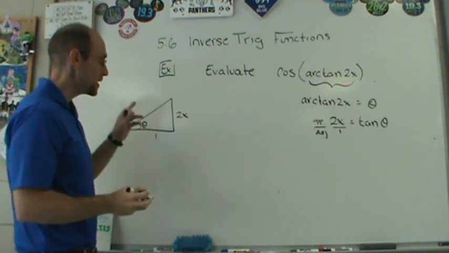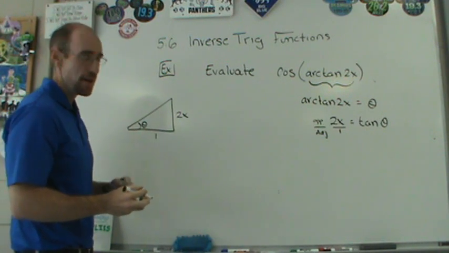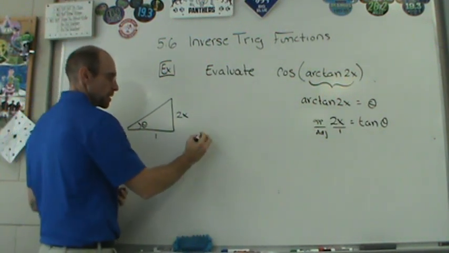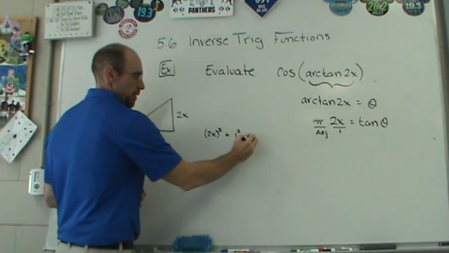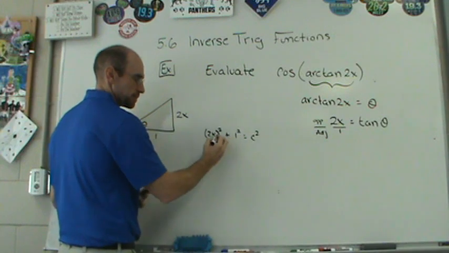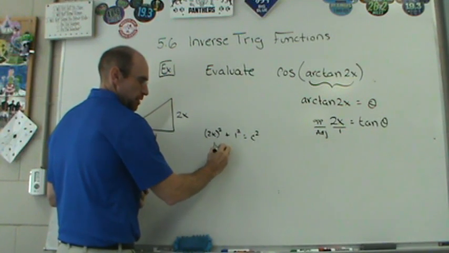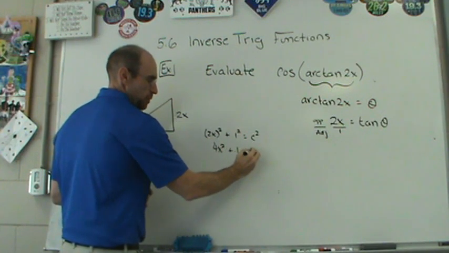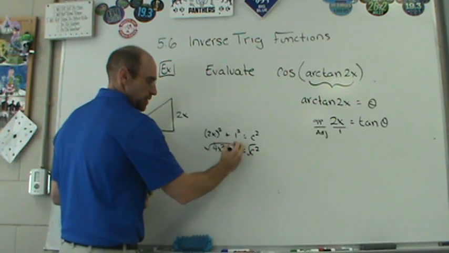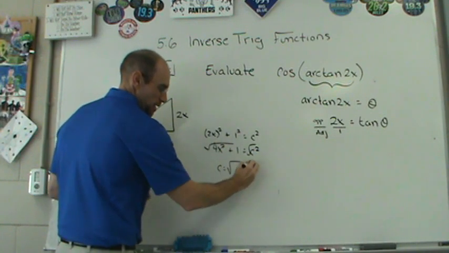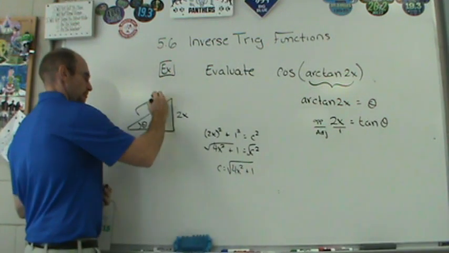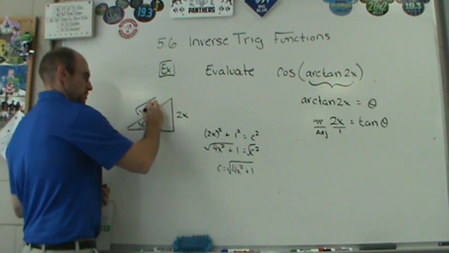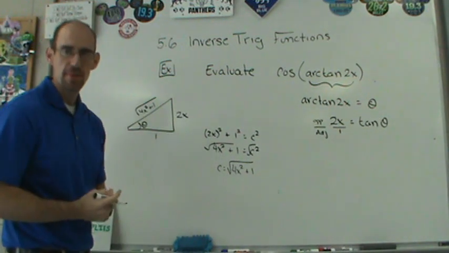Using that, we can find our hypotenuse, again using our Pythagorean theorem. 2x squared plus 1 squared equals, let's call it c squared. That gives us 4x squared plus 1 equals c squared. If we square root both sides, c is the square root of 4x squared plus 1. There's our missing side.